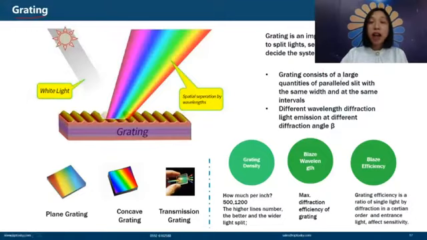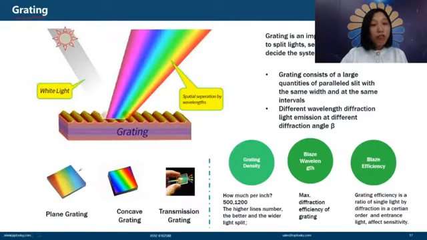A grating consists of a large quantity of parallel slit lines, and they are equally spaced with the same interval. So different wavelengths have different diffraction lines at a certain angle.